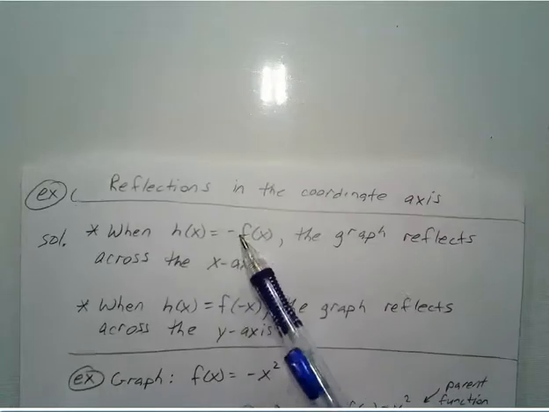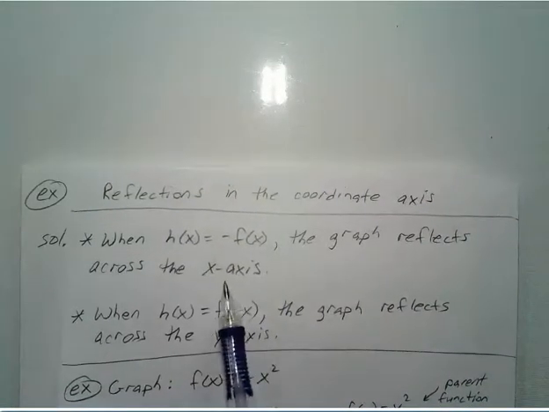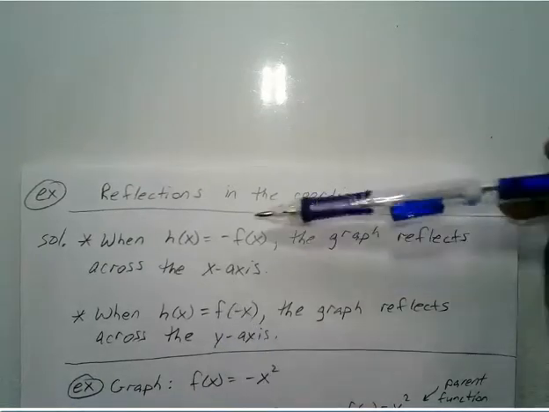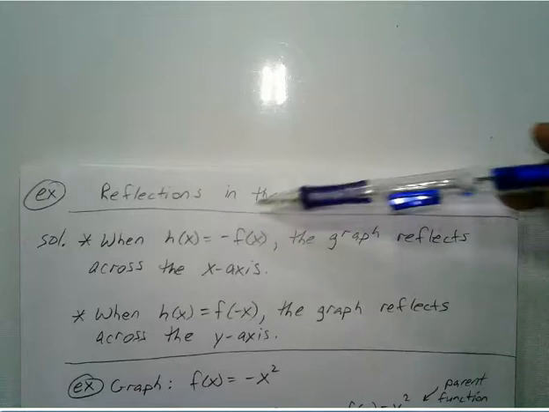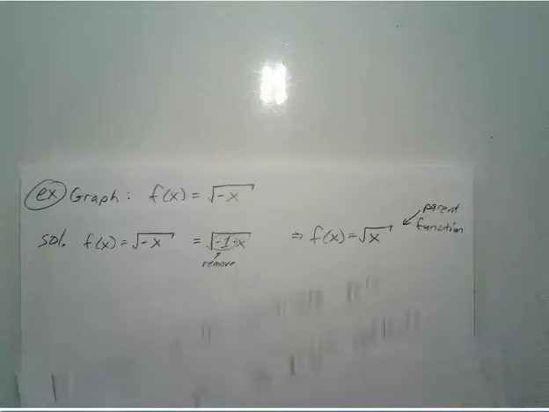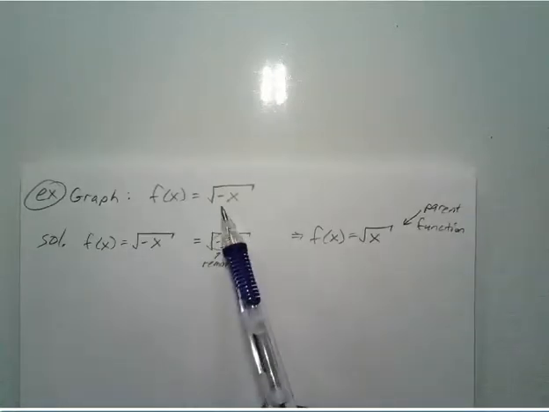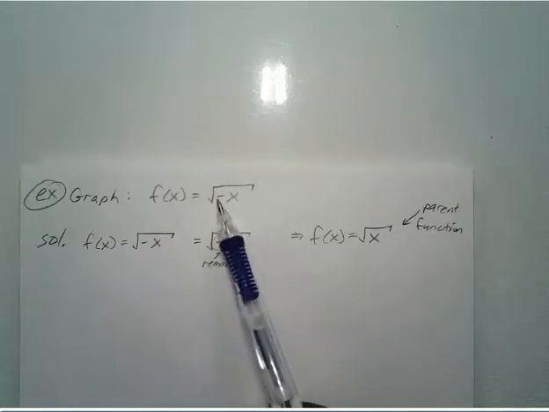Because it's not out front, it's not going to reflect across the x-axis. It only reflects across the x-axis if the negative is out front of our parent function. Since it's actually inside the parent function, it's going to reflect across the y-axis. So remember, this negative is inside of our parent function, under the square root symbol, so it's going to reflect across the y-axis.